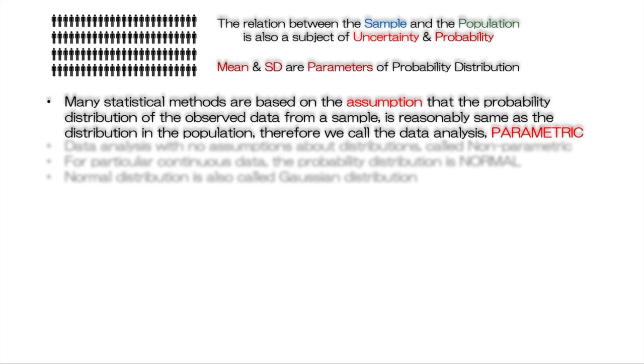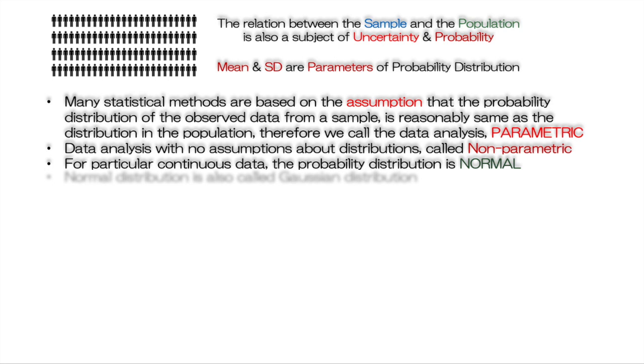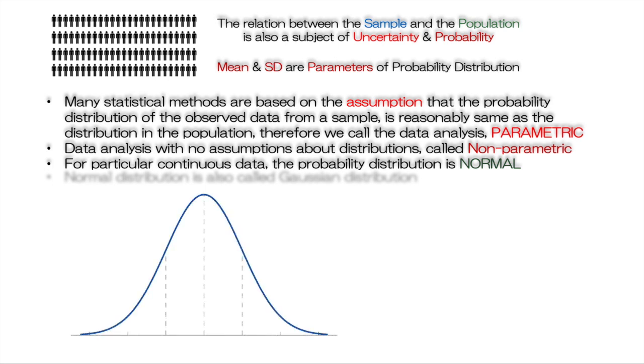Remember this part. We call data analysis with no assumption about distribution non-parametric, if we call the other one parametric. For continuous data, the distribution is normal.